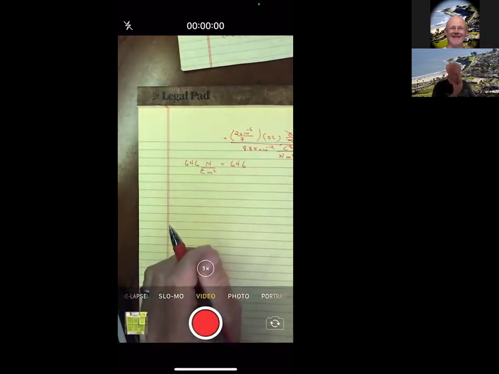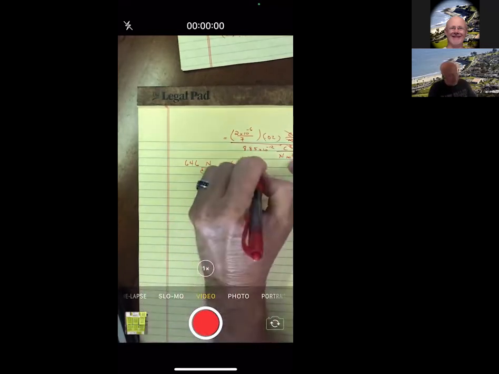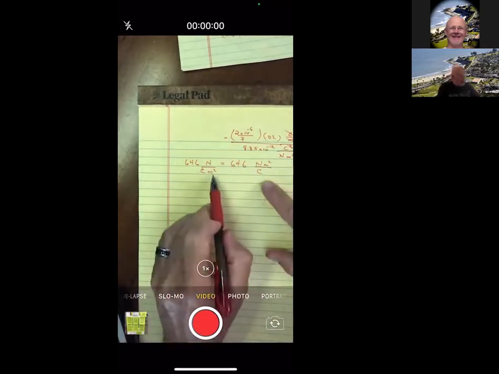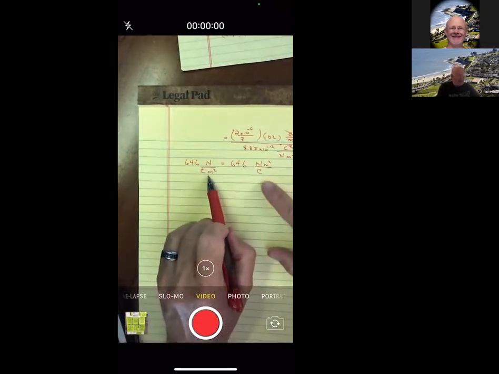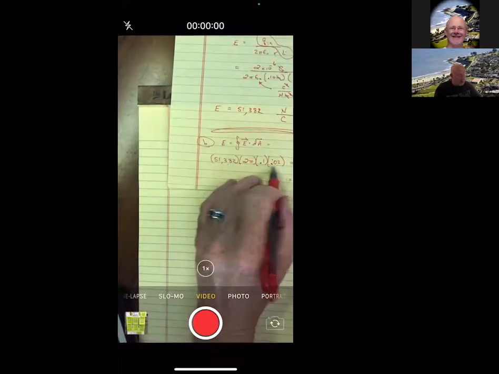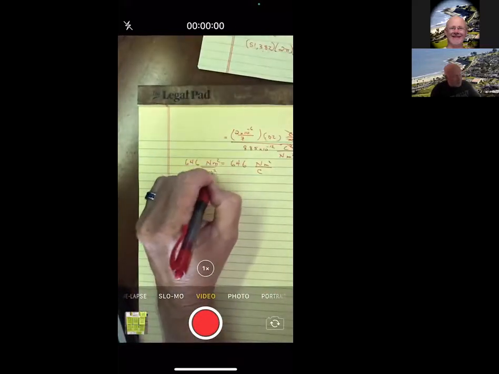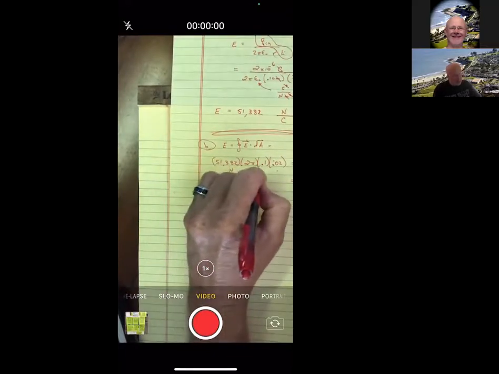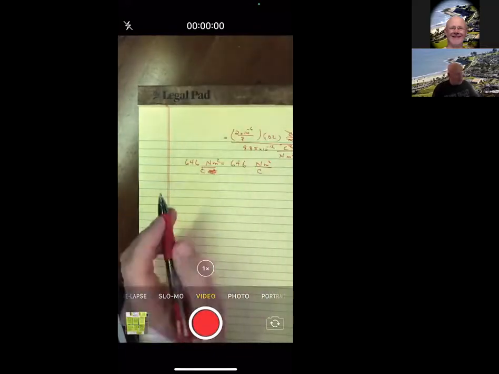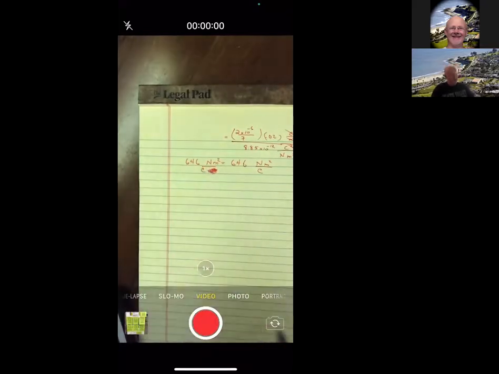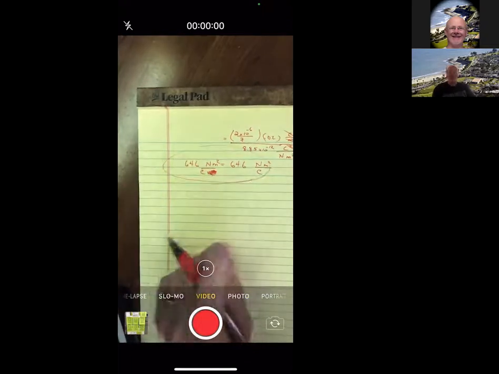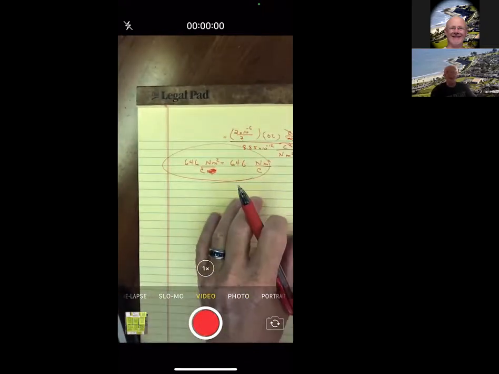You would flip it and get Newton meters squared per coulomb. I think I made a mistake on this side. This is, oh yeah, the meter squared should have been up here. That would be newtons per coulomb, and then that would be meters squared. Yeah, so the units match. Sorry about that. That's the units for the flux, if you want the units. But the point is they match, and the point is we have different options.